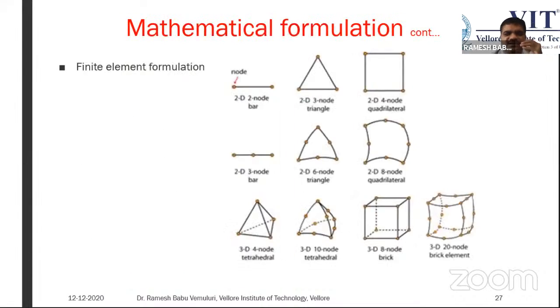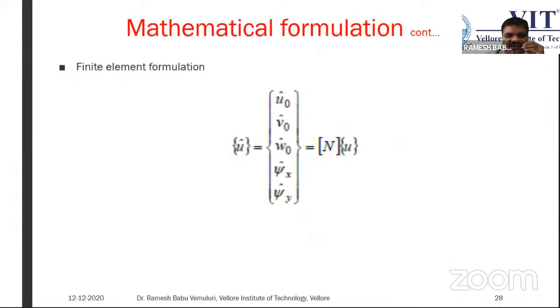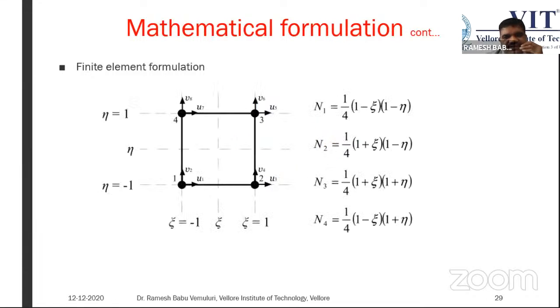So now we are going to do the finite element formulation here. In the finite element formulation, N is the shape functions. We got the shape functions in this one.